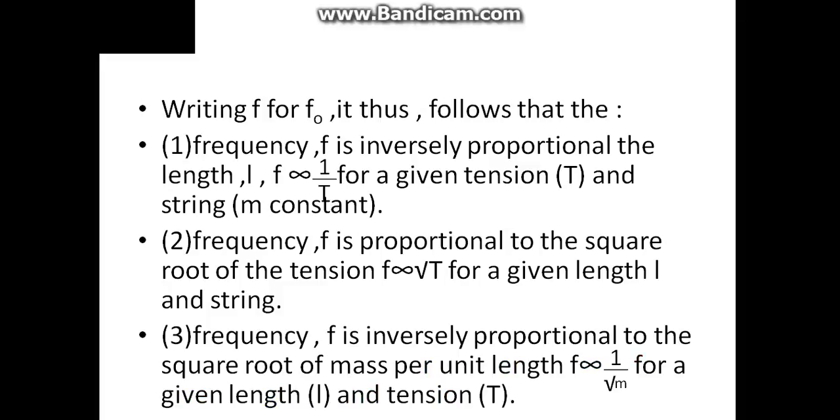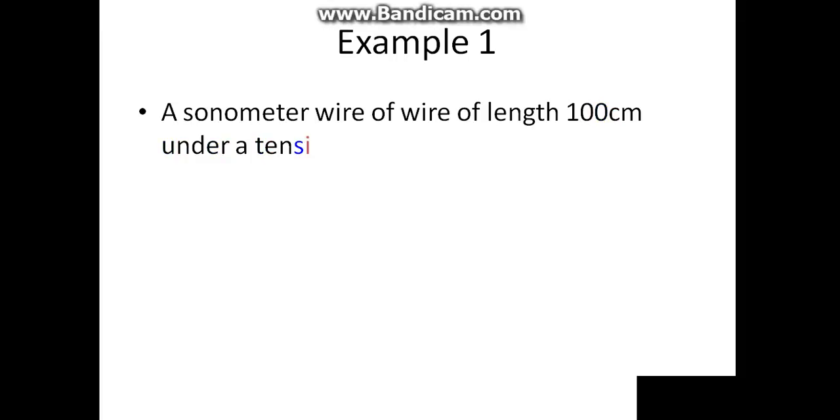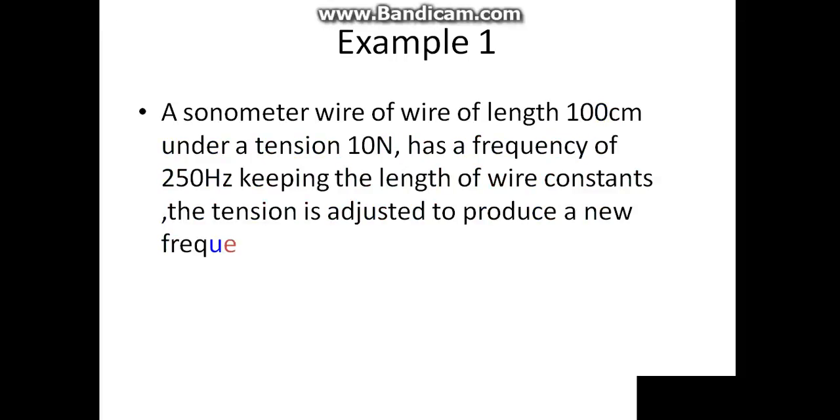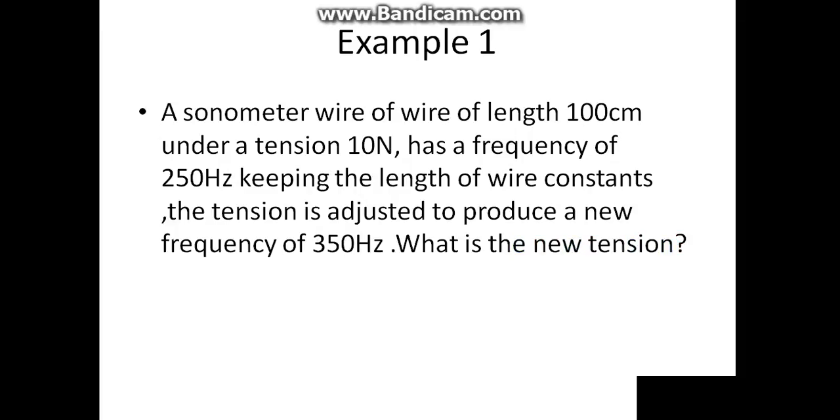3. Frequency F is inversely proportional to the square root of mass per unit length, F is proportional to 1 over square root of M, for a given length L and tension T. Example 1. A sonometer wire of length 100 cm under tension 10 Newton has a frequency of 250 Hz.